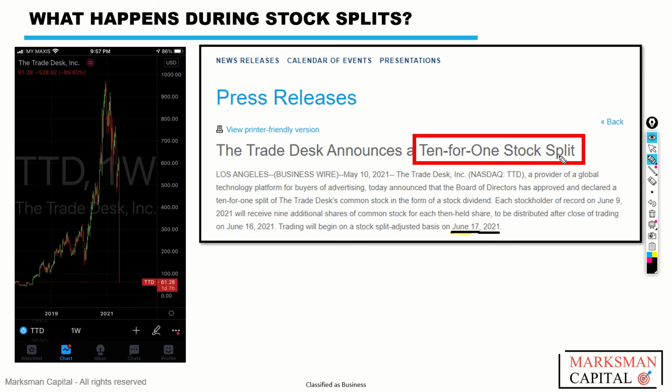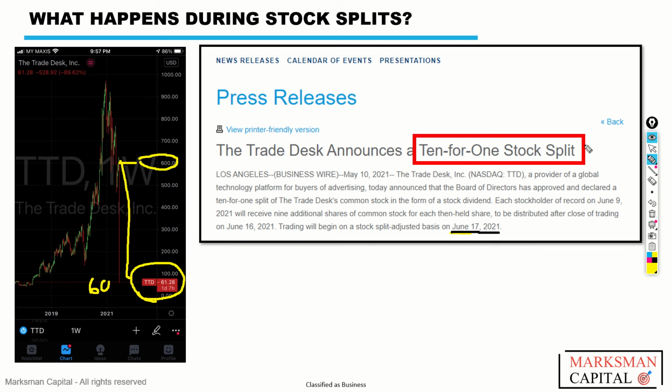So what does 10-for-1 stock split mean? At the point when the price was hovering around 600, that's when it announced the stock split, and it looks like the price just crashed, but actually it was not a crash. It went all the way 10 times smaller than 600, so it's around 60.